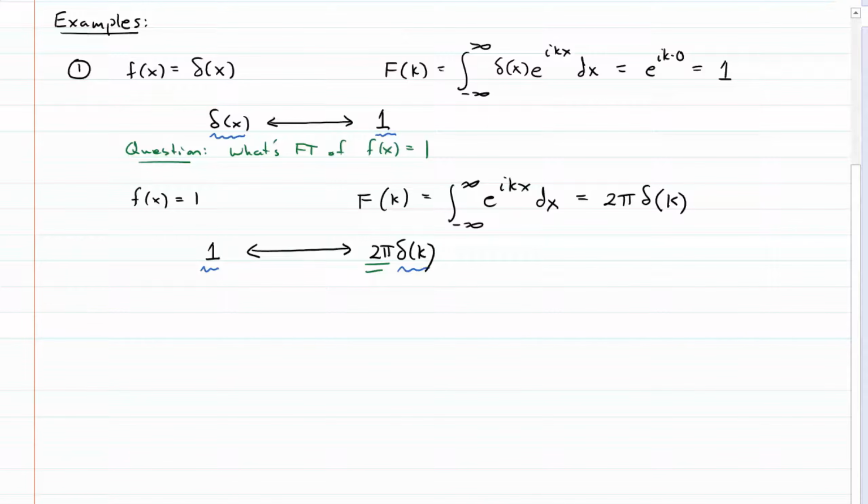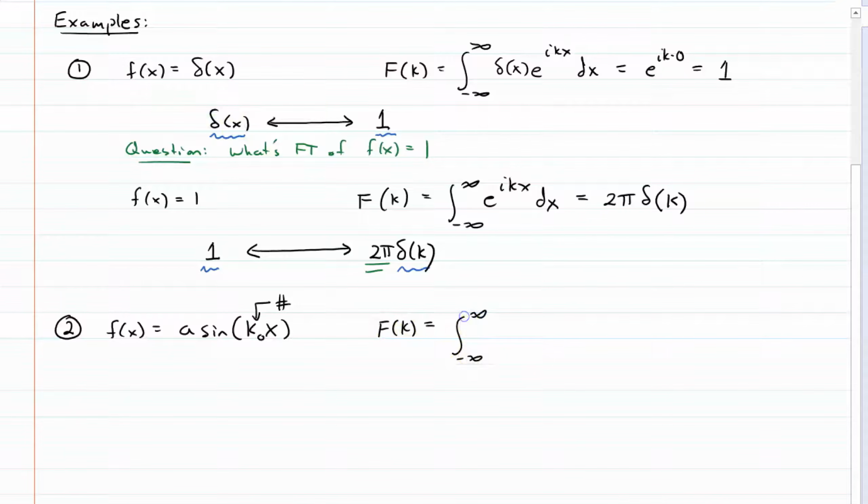Let's do another example. How about this one? We already did this one. Let's say f of x is equal to a sine of some number, I'm just going to call it k0 times x. So this is some number. What's f of k? We already worked this out, but let's do it again.